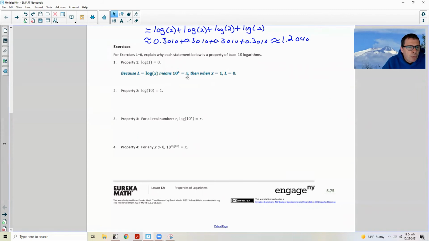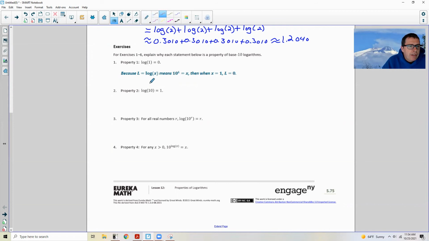So if x equals 1, 10 to the what power equals 1? Well, that's 10 to the 0. L has to be 0. So the log of 1 equals 0 is a really important property, because that is kind of our identity of logarithms. The log of 1 is 0.